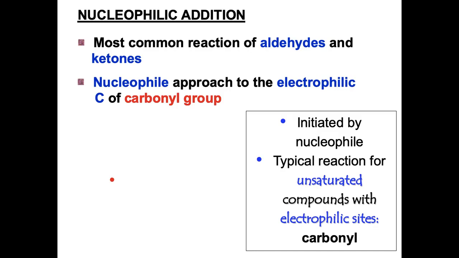So this reaction is called nucleophilic addition because your electrophile is C. It is called nucleophilic because you add nucleophile into the electrophile. So that's why it is called nucleophilic addition.